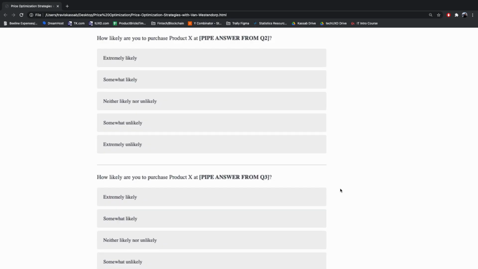For the Newton Miller Smith extension, you ask those 4 questions, and then directly afterwards you ask, how likely are you to purchase product X at, and then the answer that they gave in Q2. This is their answer for the price of the product that they would consider to be cheap.